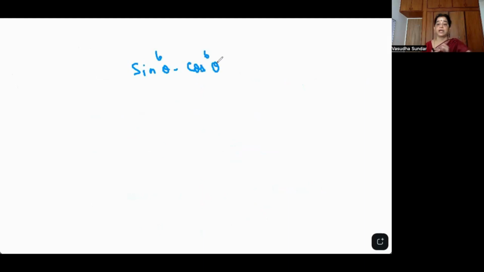Okay, now you don't have an algebraic identity for power 6, but what you can do, you can write sine square theta whole cube minus cos square theta whole cube. So this is a cube minus b cube. So as I said, first look for trigonometric identities, then look for algebraic identities. A cube minus b cube is a minus b into a square plus ab plus b squared.